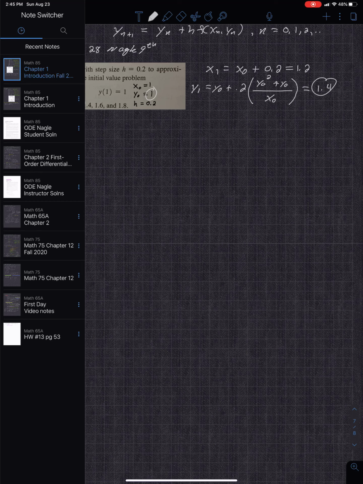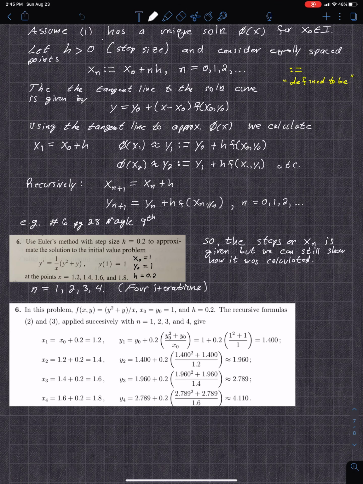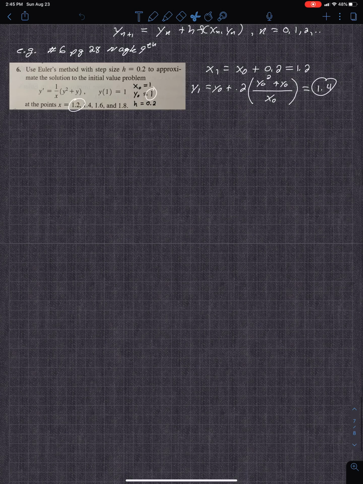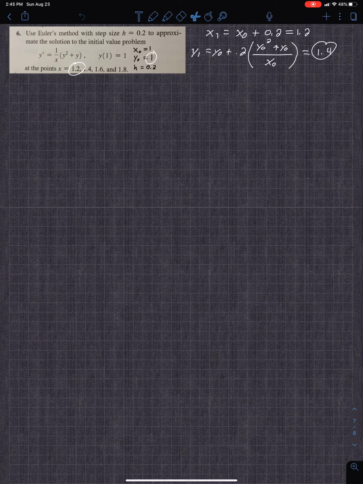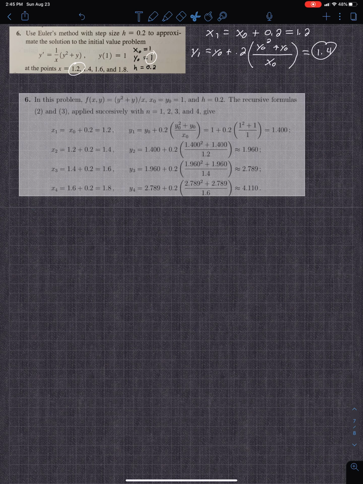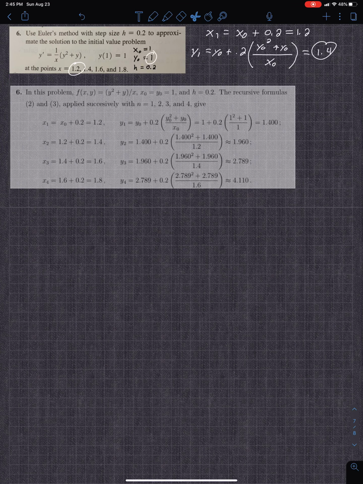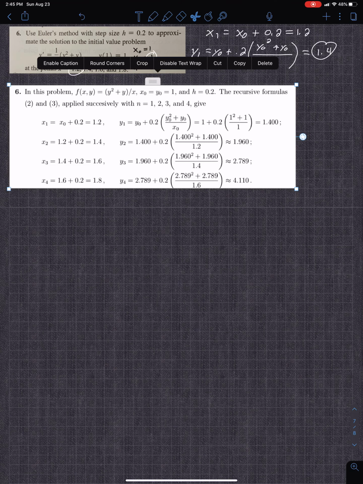So take a moment to try to do the rest. I'm going to go ahead and just copy it over to save some time. This is where I probably would have had you calculate this in class, to make sure we're all on the same page about what we're doing. So pause it and then go back and make sure it makes sense.